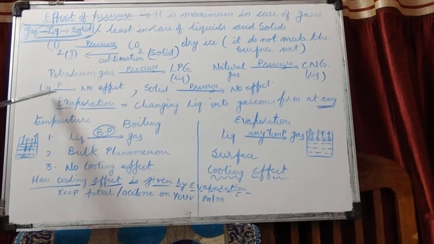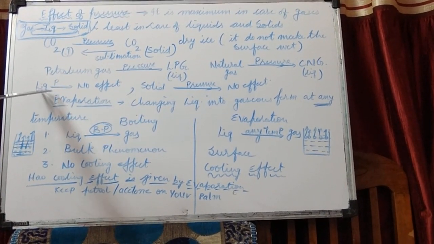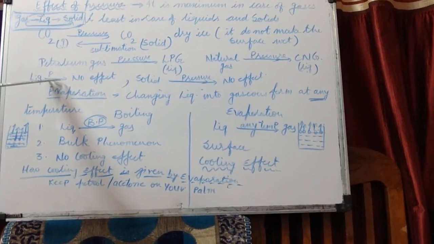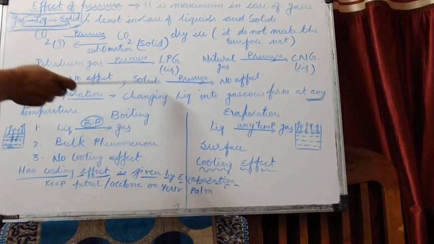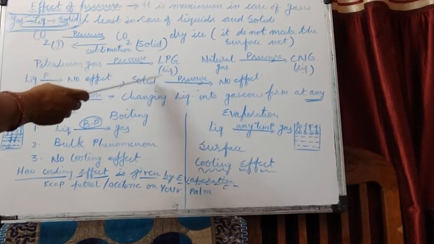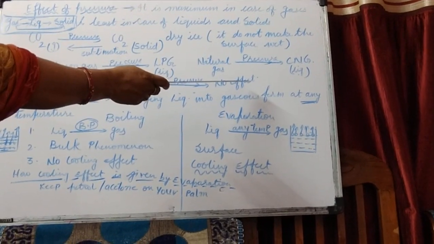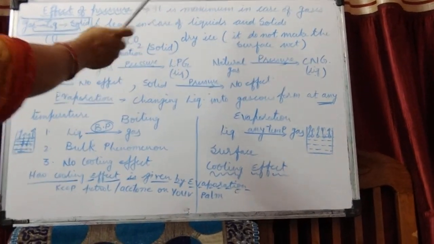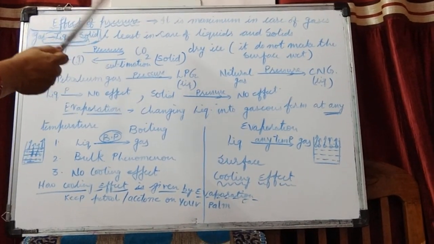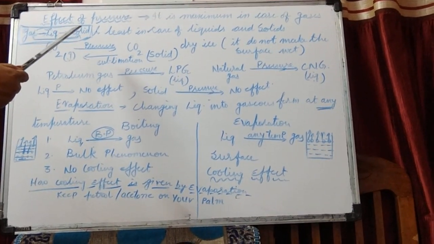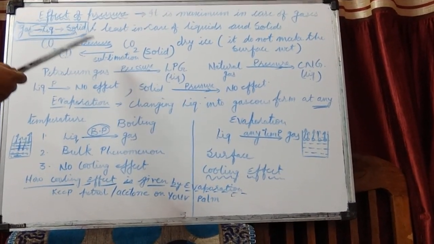Okay. Now here I have given you a flow chart also. Liquid, when pressure is applied, no effect. Solid, when pressure is applied over it, no effect. But gases are affected maximum by pressure. So this is all we have done, students.